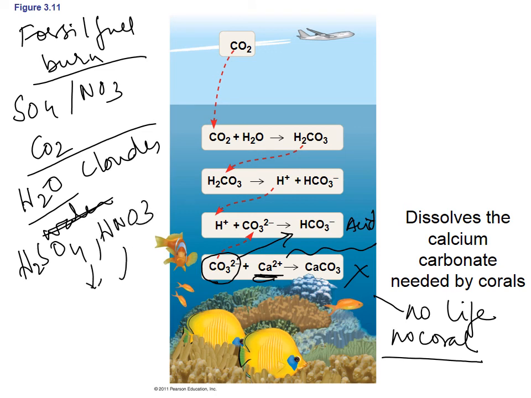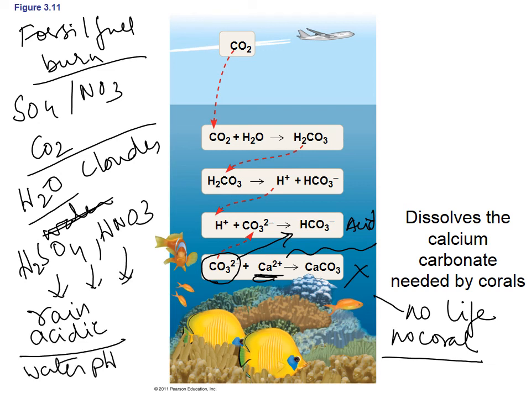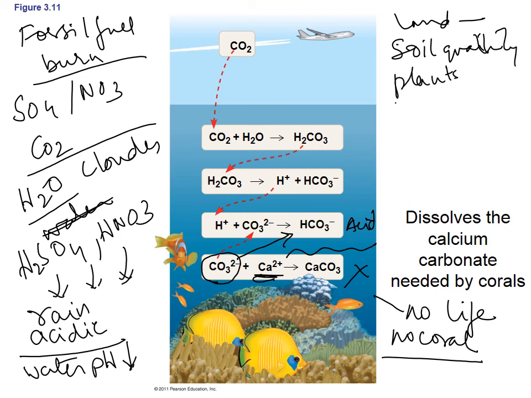They fall back onto the earth as rain, and this is acidic. If it falls in water, it makes the water pH lower. If it falls on land, it changes the quality of the soil. If it falls on plants, it burns them. It gives them an acid burn. So acid rain has severe consequences, and all of that is because of indiscriminate burning of fossil fuels.